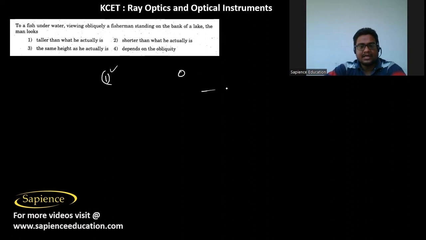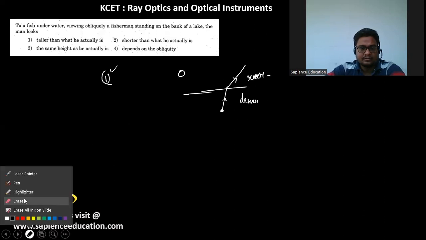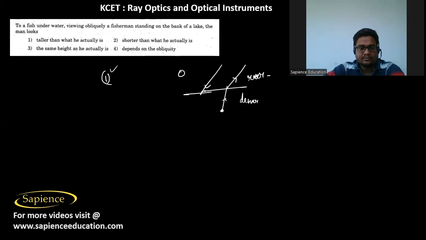Suppose light goes from a denser to a rarer medium, then it will bend away from the normal. And if it goes from rarer to denser, then it will bend towards the normal.